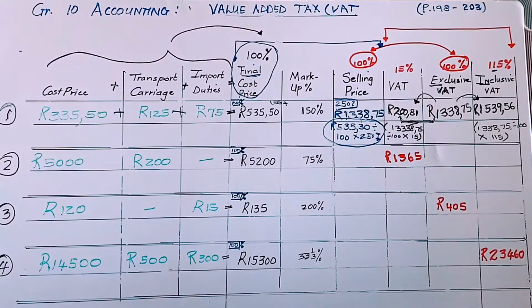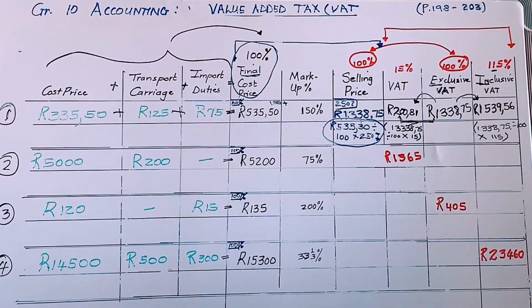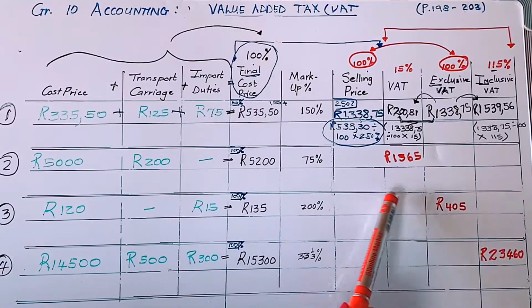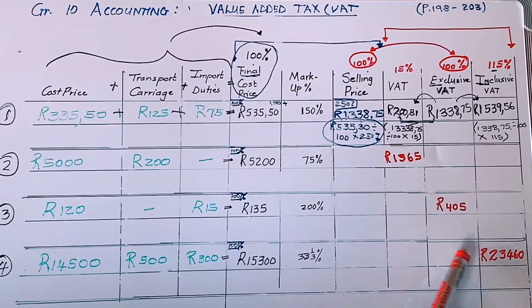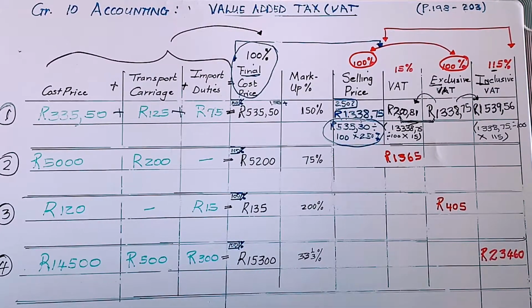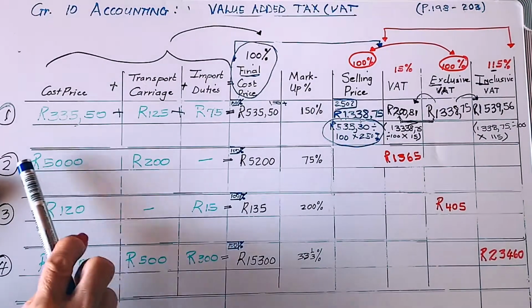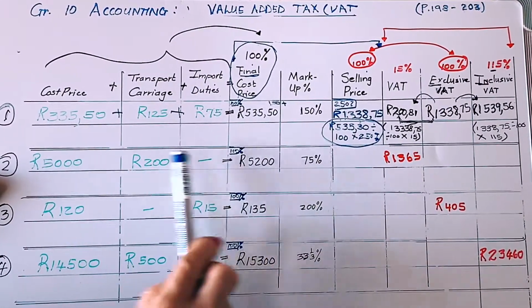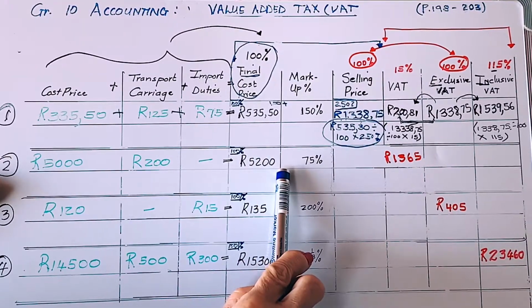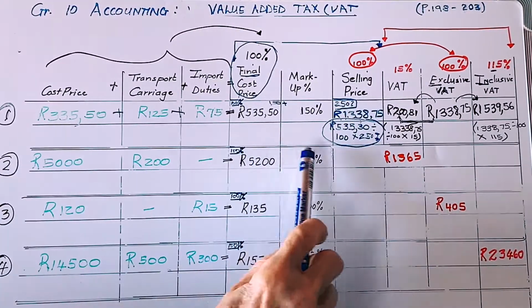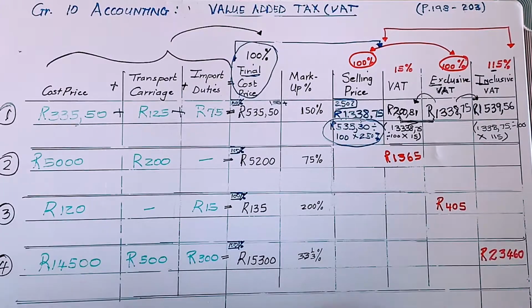Now, I spent a lot of time explaining the first example. Let's now quickly fill in the missing information in the other examples that we have on the board. If we look at the second one, I'm not going to talk about the cost price amount any longer. You know that. In this case, my markup is 75%.